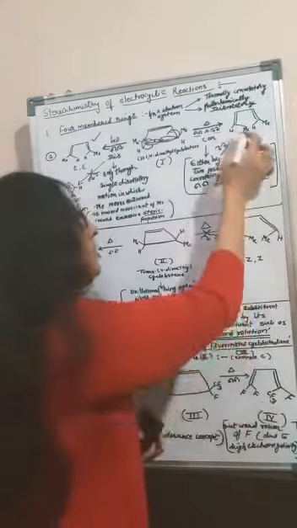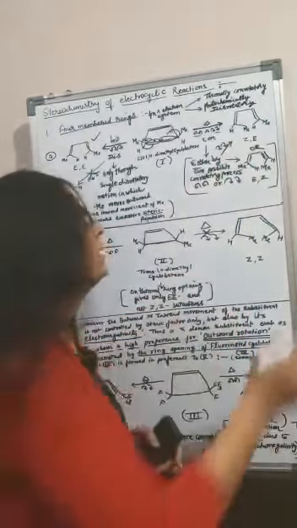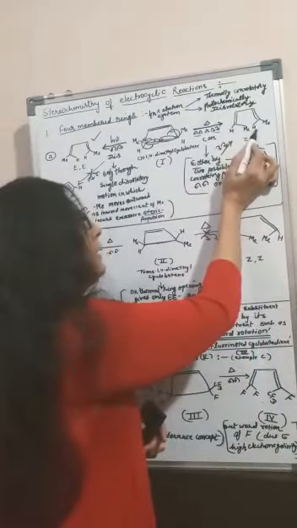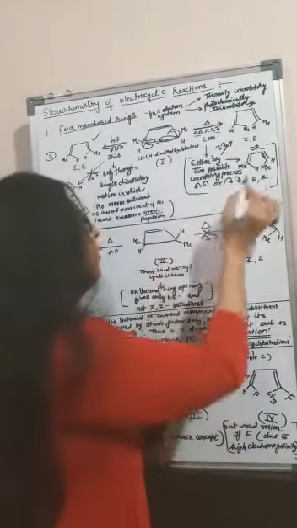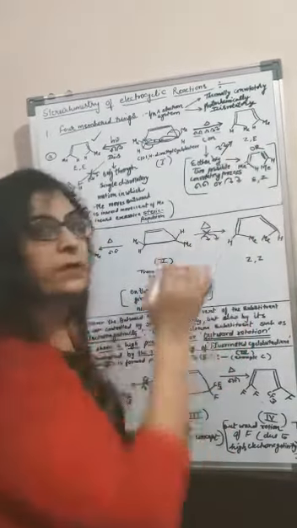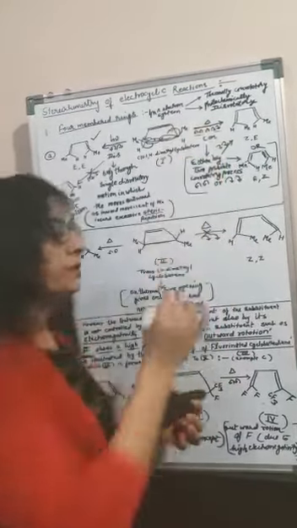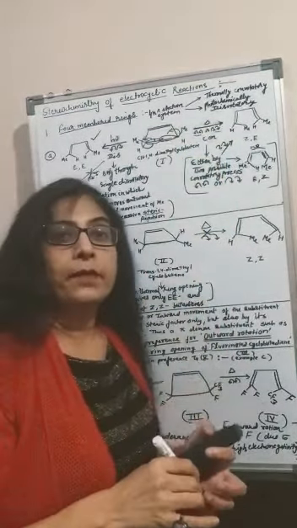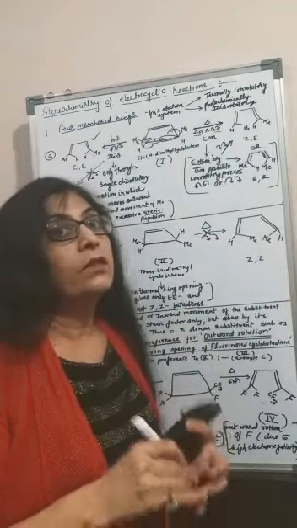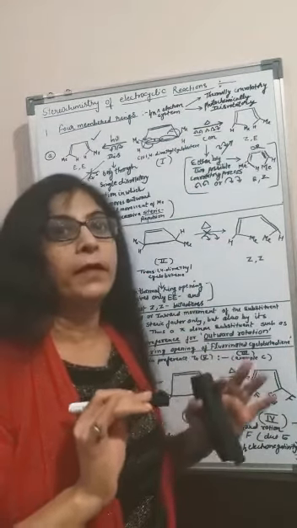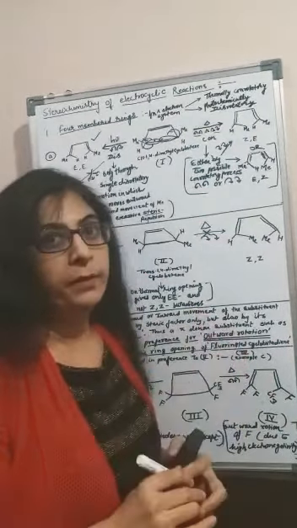Here in both products, one Me and one H are coming closer, so steric repulsion is the same in both isomers. So in the conrotatory process, steric hindrance plays no role.